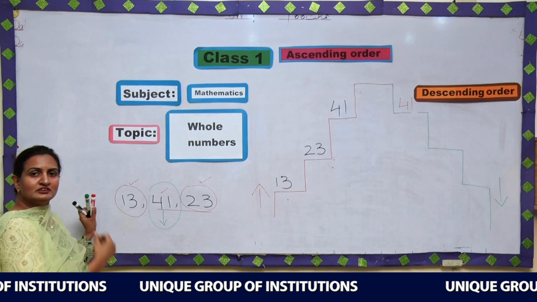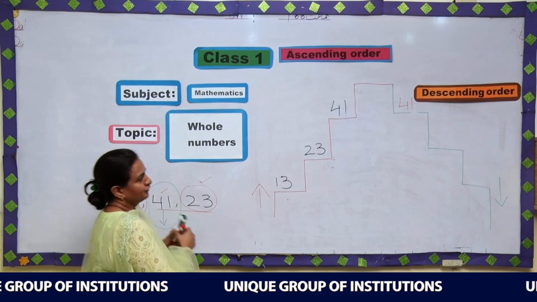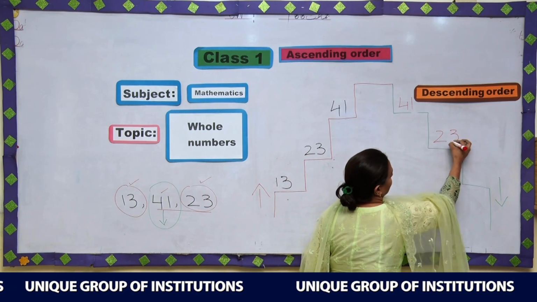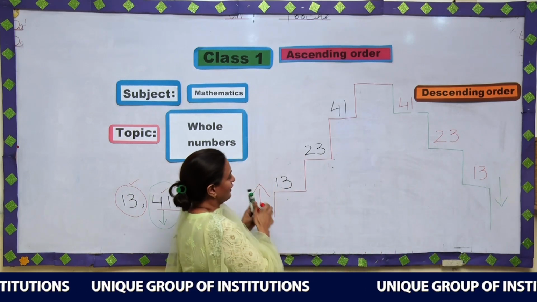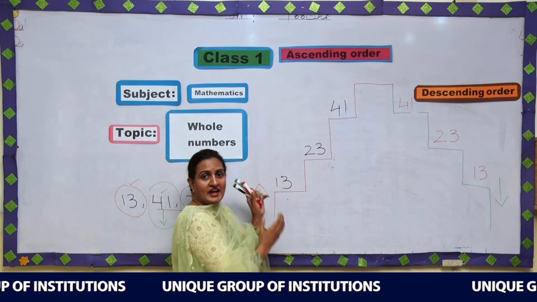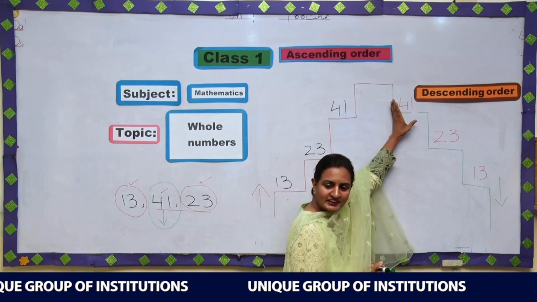It is 23. So we put 23 here, and then the last number is 13. There is the major difference: in ascending order we start from the smallest number, and in descending order we start from the greatest number.